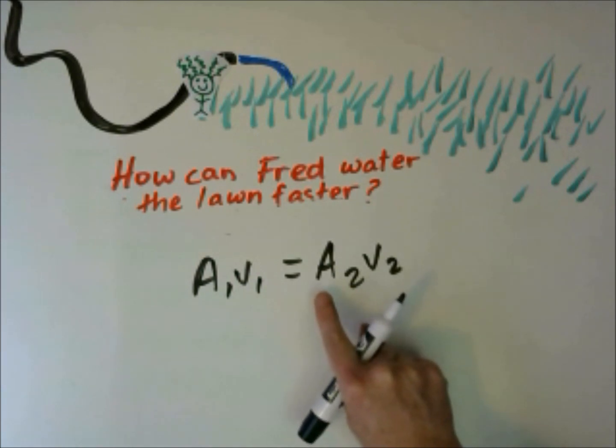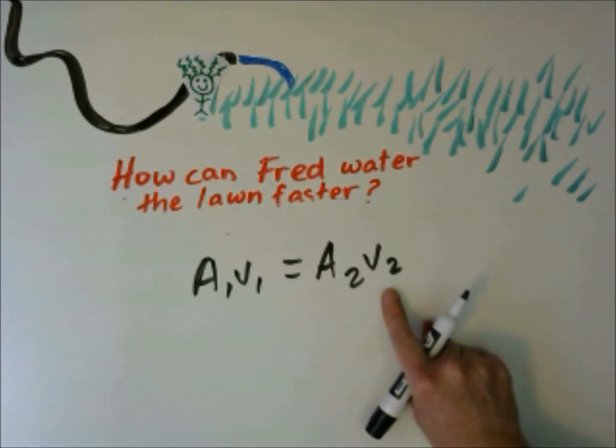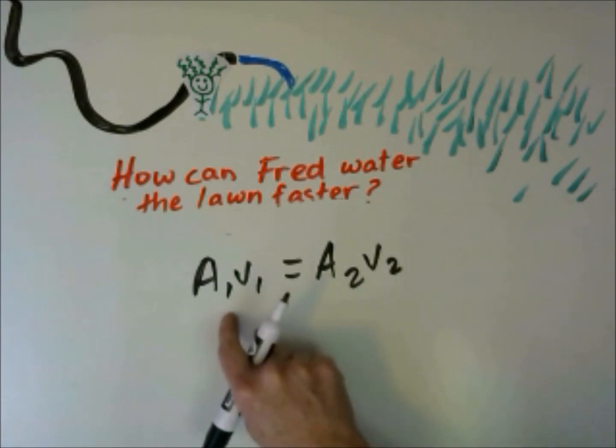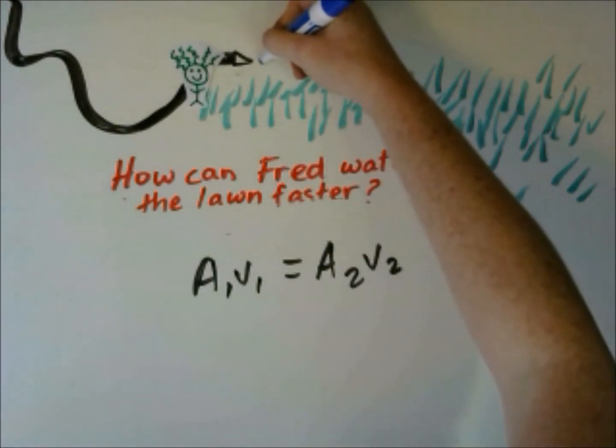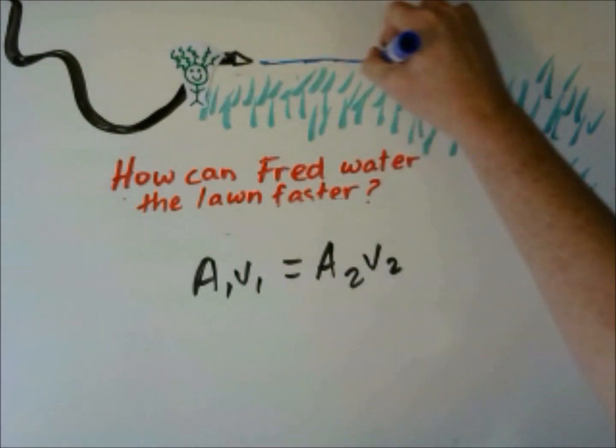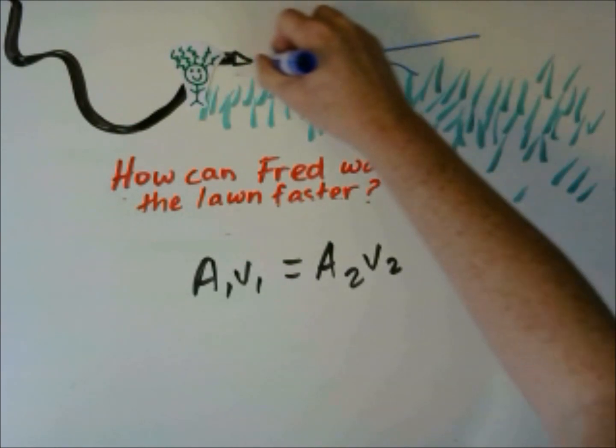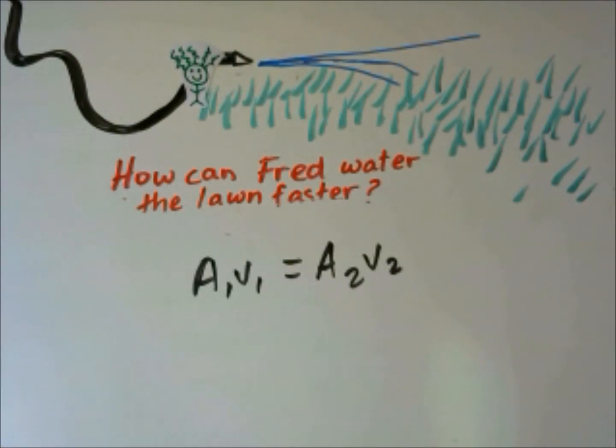Because if I have a smaller area, I'm going to have a larger velocity to keep this as a constant. When we put a pointed nozzle on the hose, the result is that the water will flow faster, and he won't have to walk all the way to the other side of the lawn to water it. Now note, he will still have the same volume coming out of the hose per unit time, so the flow rate didn't change, just the velocity coming out.